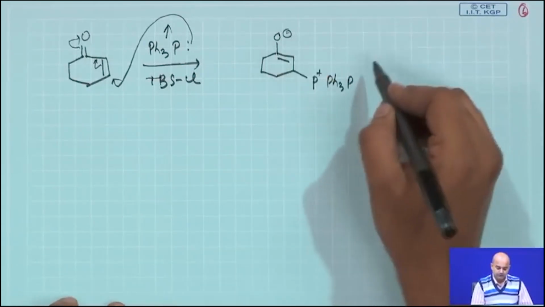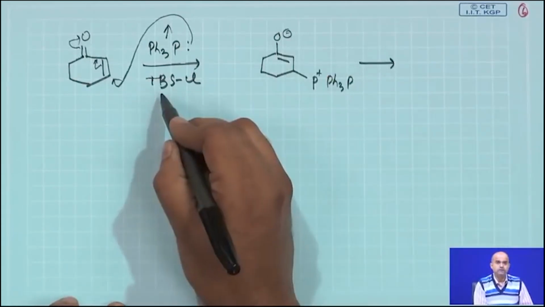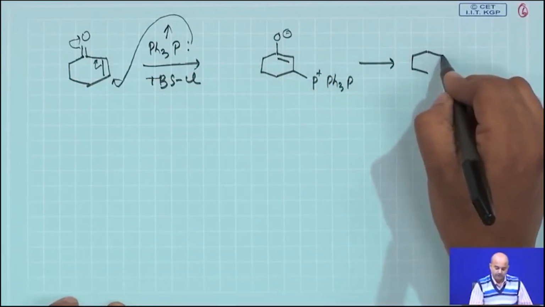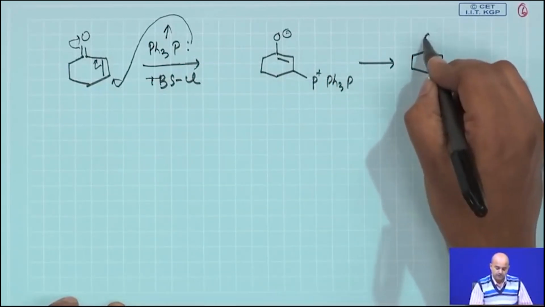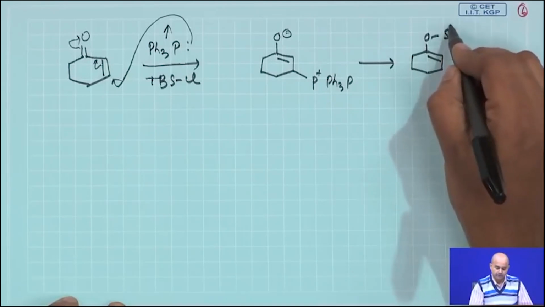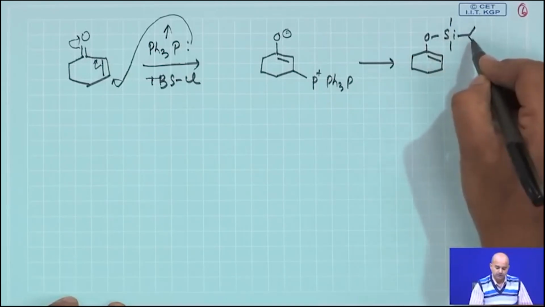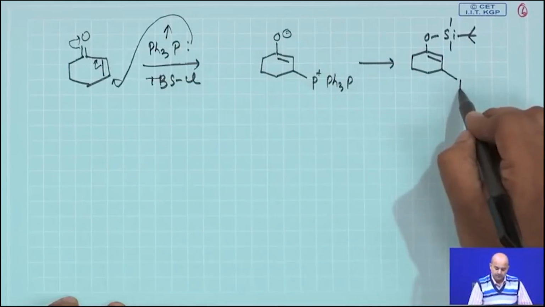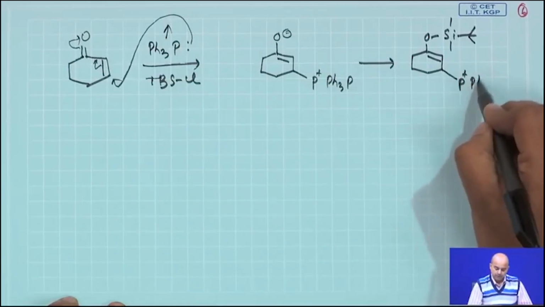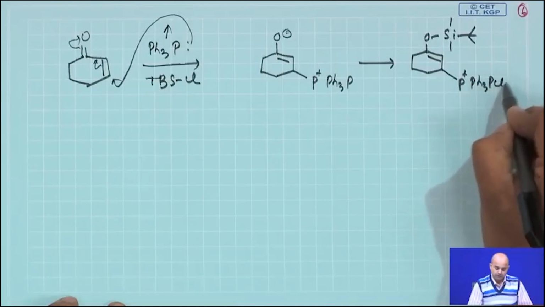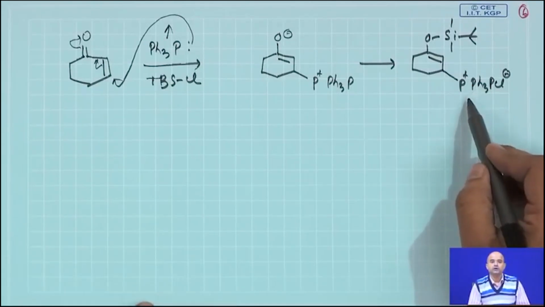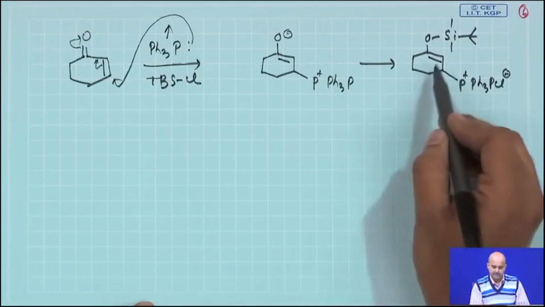Now, this O minus, you have TBS chloride, so this is ready for enol ether formation. You have this O-Si methyl tertiary butyl, and the chlorine here can now neutralize the triphenyl phosphonium salt. So, now what is this? This compound is basically a Wittig salt, it is an allyl Wittig salt.